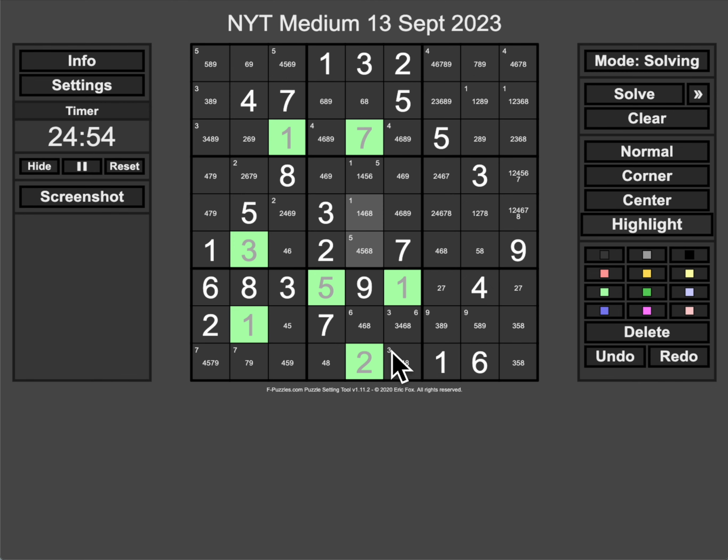Okay, looking across, I still have too many options for 4. 2, I still have too many options. Well, 5 is in a weird offset position.